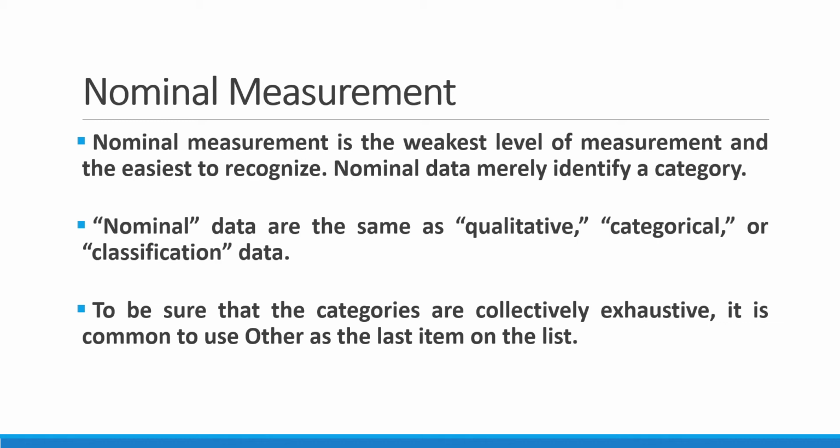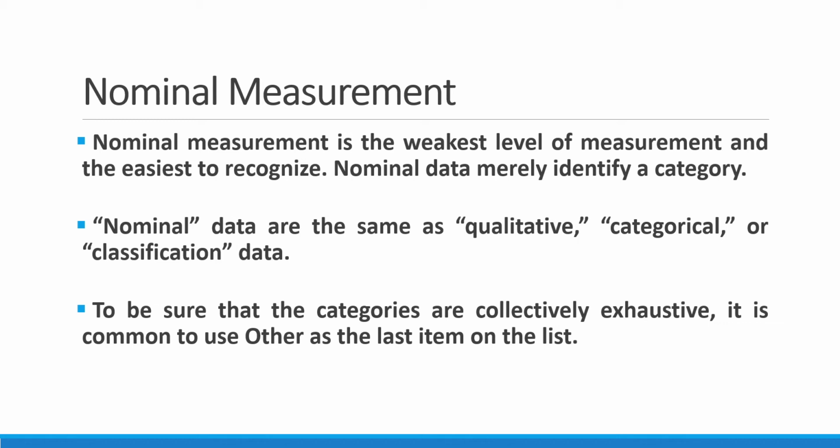The only mathematics we can apply on nominal data is counting, meaning that if we are seeking to know or to measure the number of males inside a group, we can use categorical data.